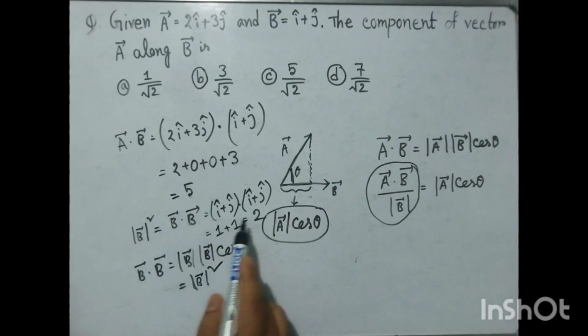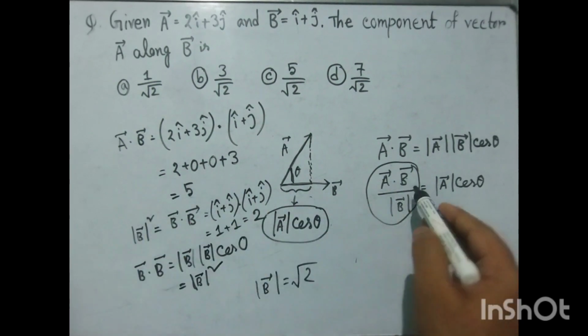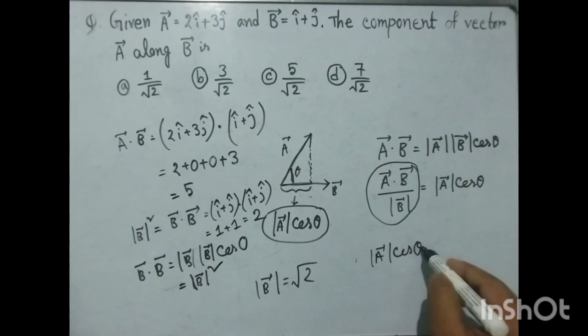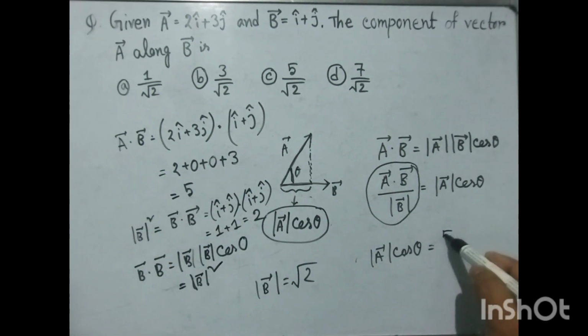So mod B vector square is 2, that means mod B vector is root 2. So put these values here. A vector cos theta will be A vector dot B vector, 5, by mod B vector, root 2, so it will be 5 by root 2. So option C is your correct answer.